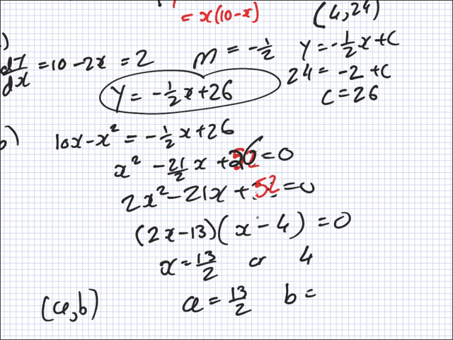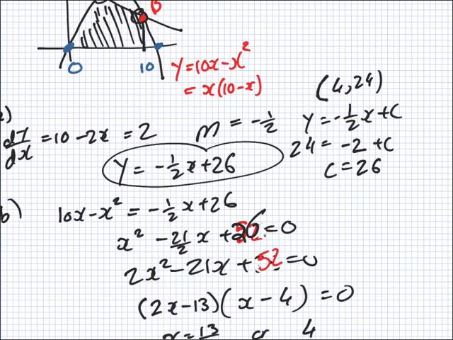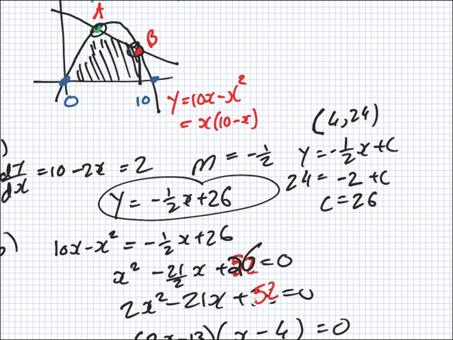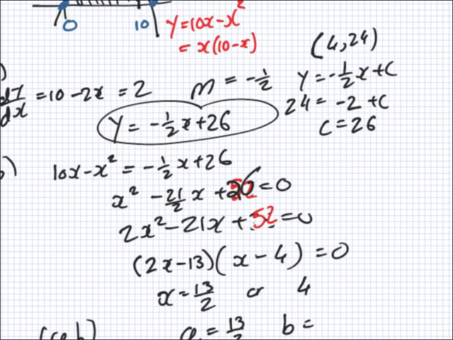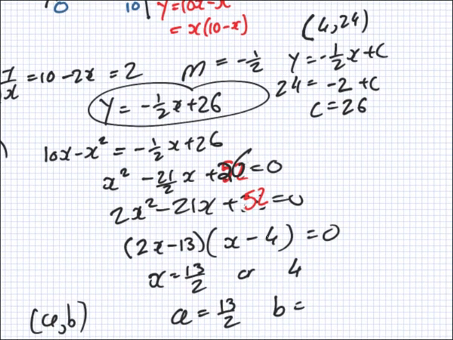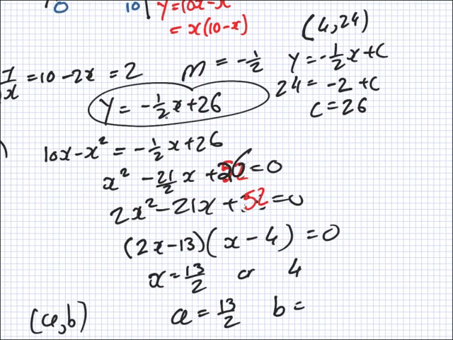Because these two answers represent where the line meets the quadratic, and that happens twice. And the question wanted you to find the point B, which is to the right of A, so I have to choose the bigger x. Okay, what's the B? If I sub my 13 over 2, 91 over 4.